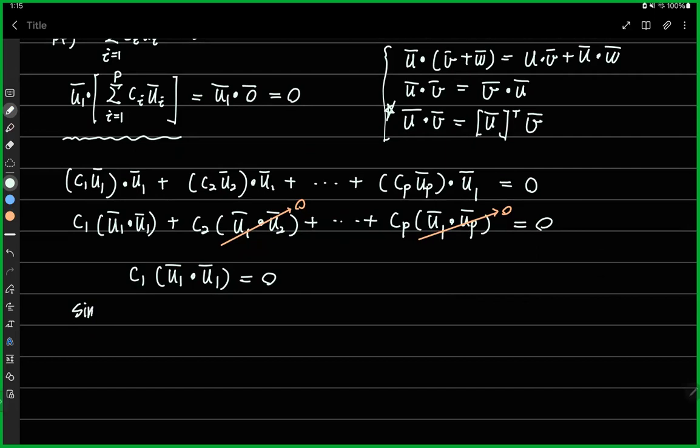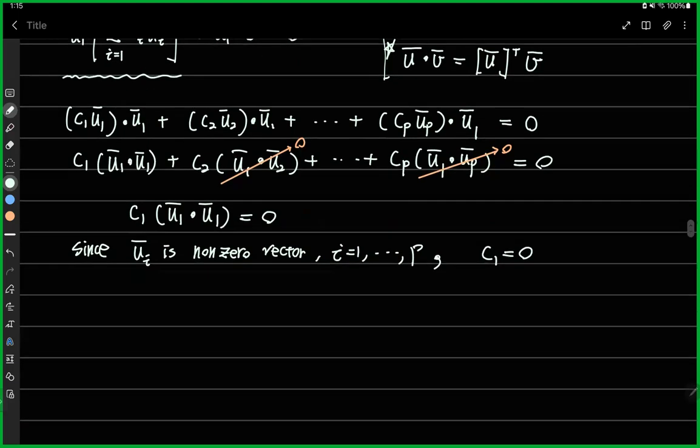Since each Ui is a non-zero vector, with i going from 1 through P, C1 must be 0.